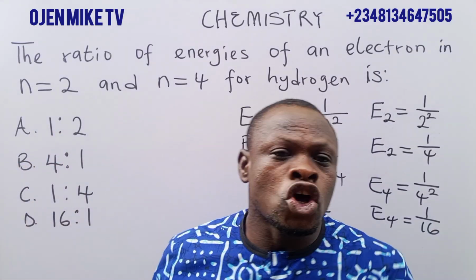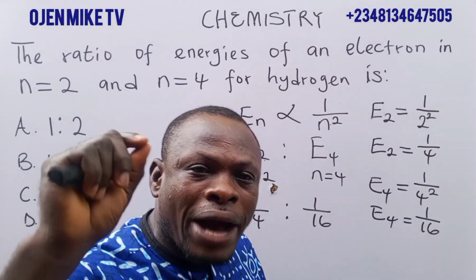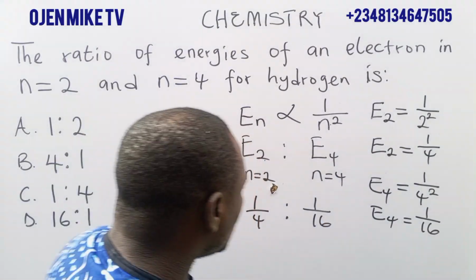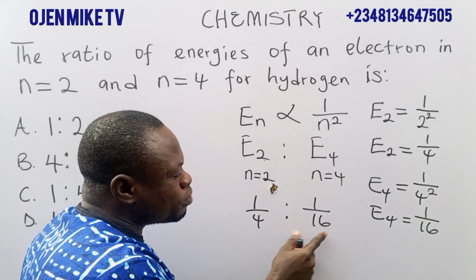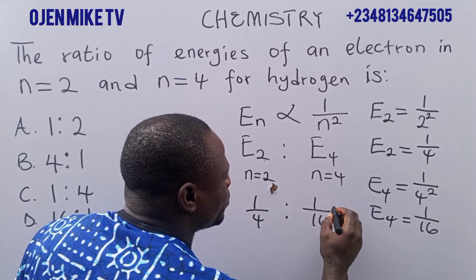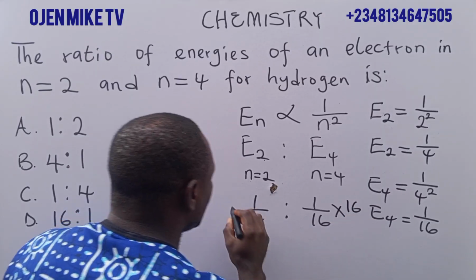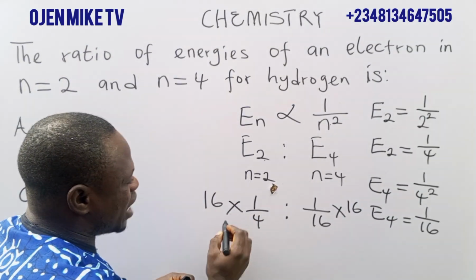So to avoid that, you must multiply both sides by the highest denominator. 16 is the denominator, 4 is the denominator, so 16 is the highest. Are you following? So multiply here by 16, and multiply here by 16.